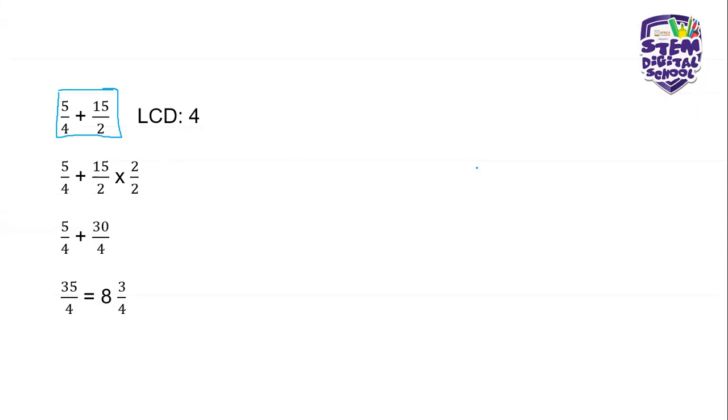I was going to say that the denominators should be the same, and then I would add them together. There we go. The first thing that must come to mind is that the denominators must be the same.